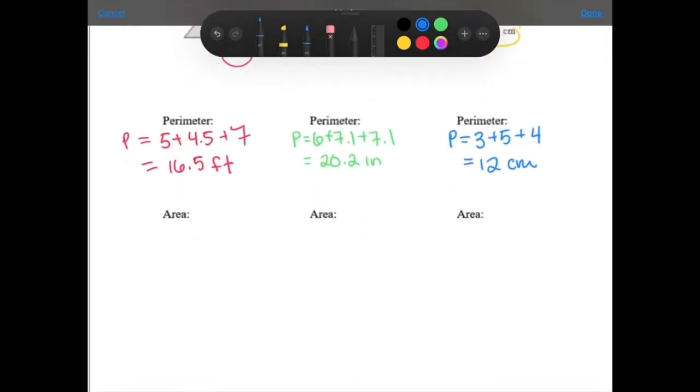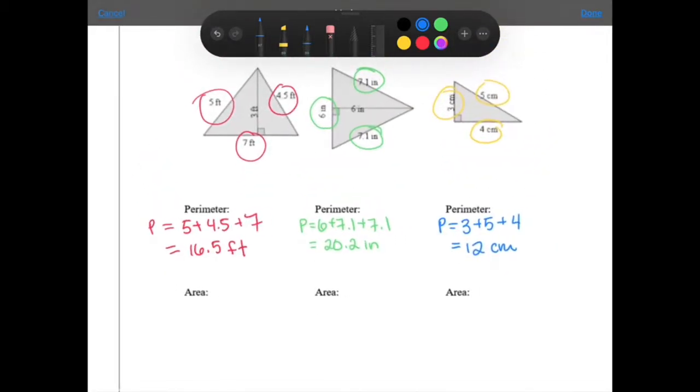Alright, moving forward, we'll do the area. We'll start with the first triangle. Area equals base times height divided by 2. Now, in the last video, when we talked about height, we said height is the perpendicular line formed from the base of the shape all the way to the top, the highest point, right?